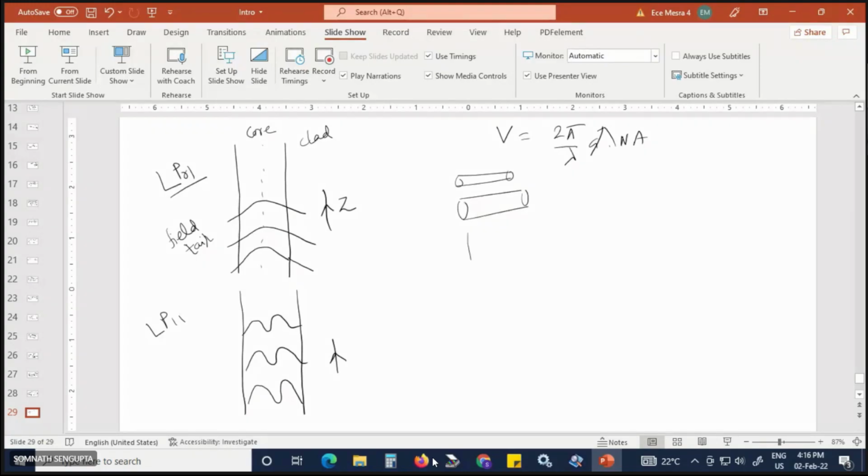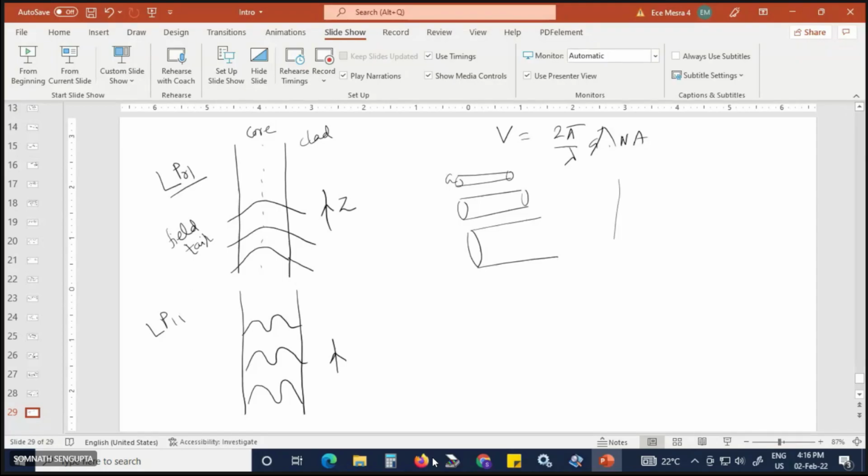So that means the V number will change. You have to calculate the V number for different values of radius. The V number will change, and you can measure the power scale of light from the window.